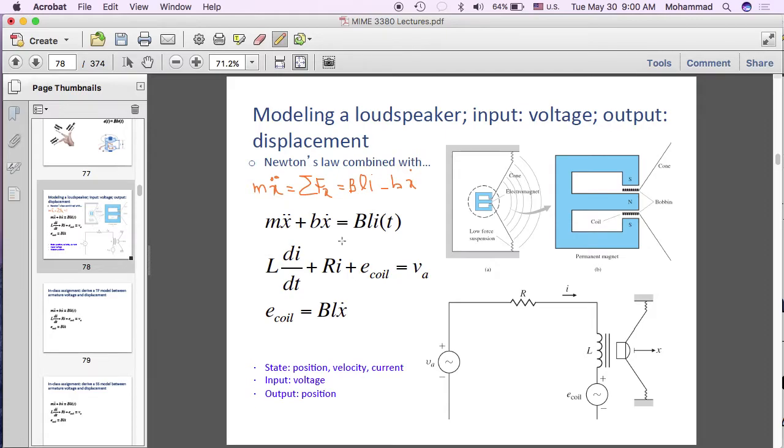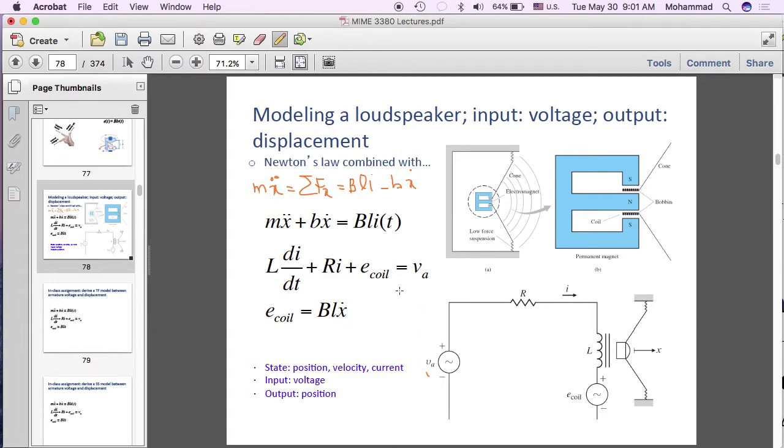If you look at this circuit, by Kirchhoff's law, you have a source of voltage, you have resistance, you have inductance, and you have the back EMF that, as I explained, is created because your coil moves in a magnetic field at velocity v. So L di/dt is the voltage drop here. Ri is the voltage drop of the resistor. Va is the driving voltage that comes from our amplifier.